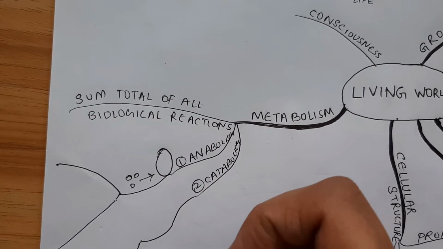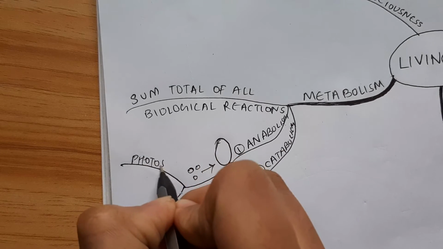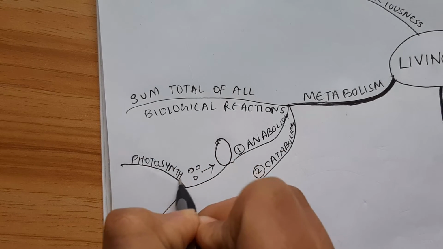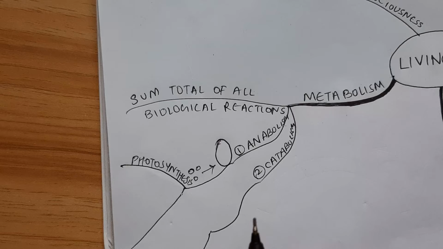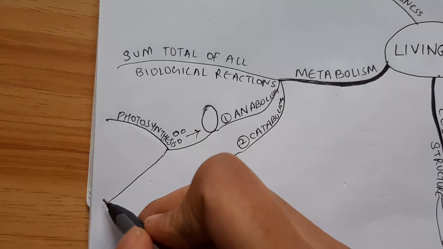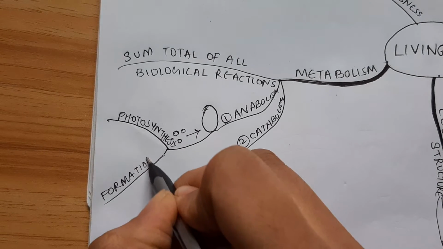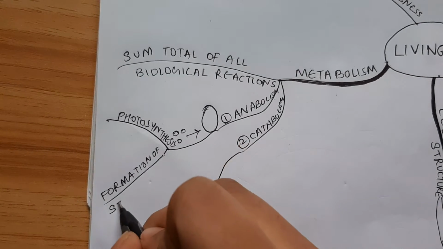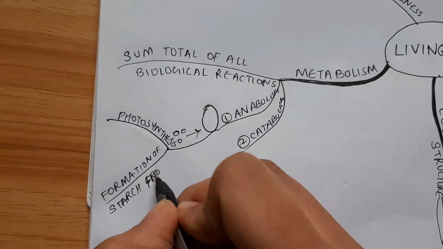That is the definition of anabolism, and the examples are photosynthesis. In photosynthesis, small compounds together combine to form a bigger compound. And the second example is formation of starch from glucose.